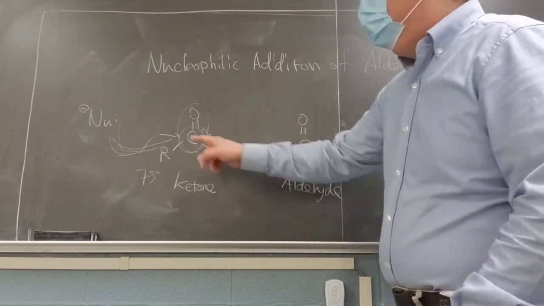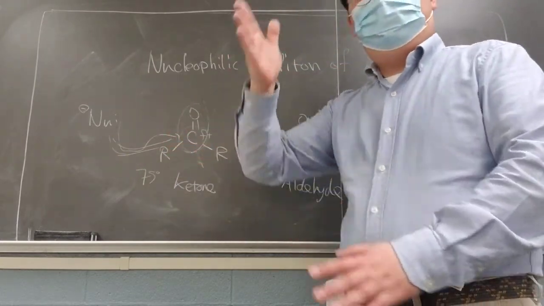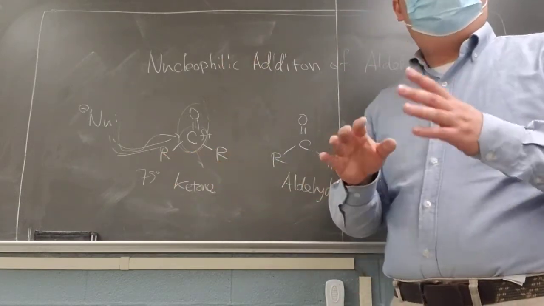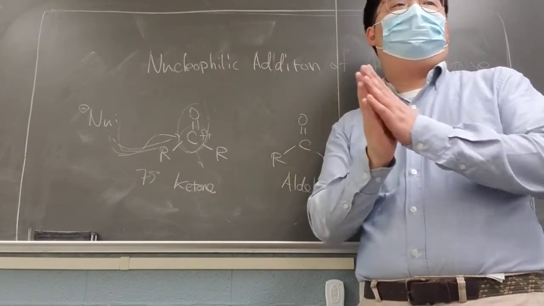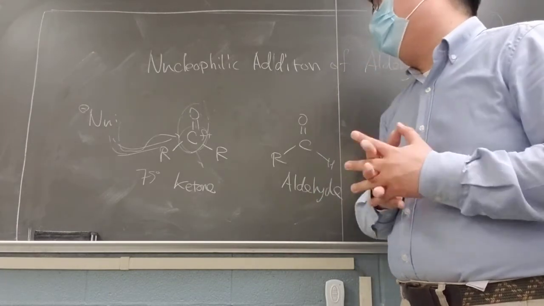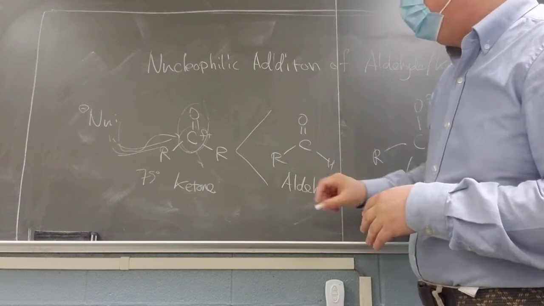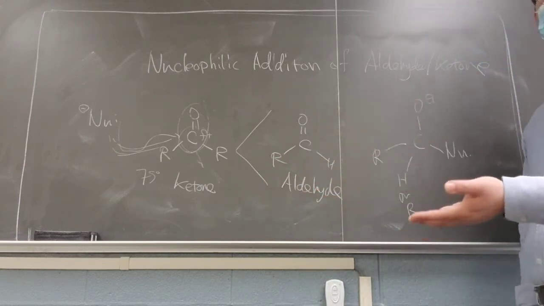They're only coming in at the 75 degree angle, either front or back. If they're bulkier, it's harder for the nucleophile to approach the carbon in the carbonyl group. So that is why, statistically, aldehyde is more reactive than ketone.